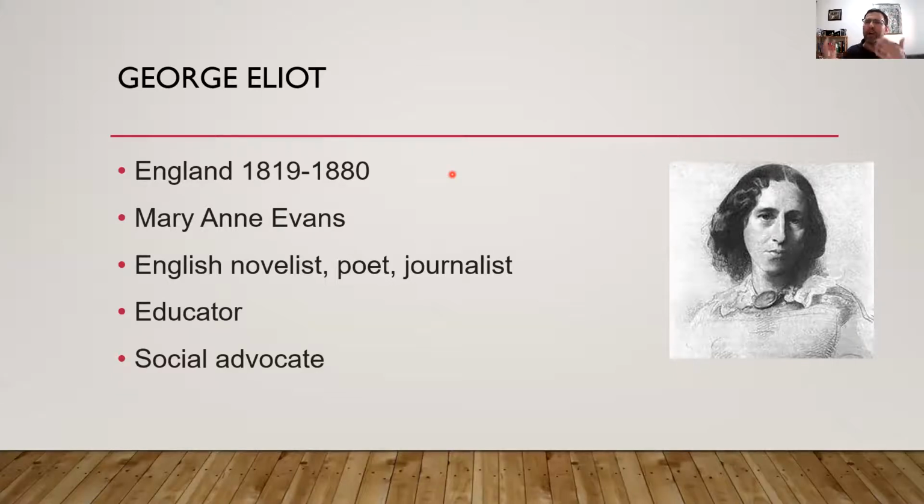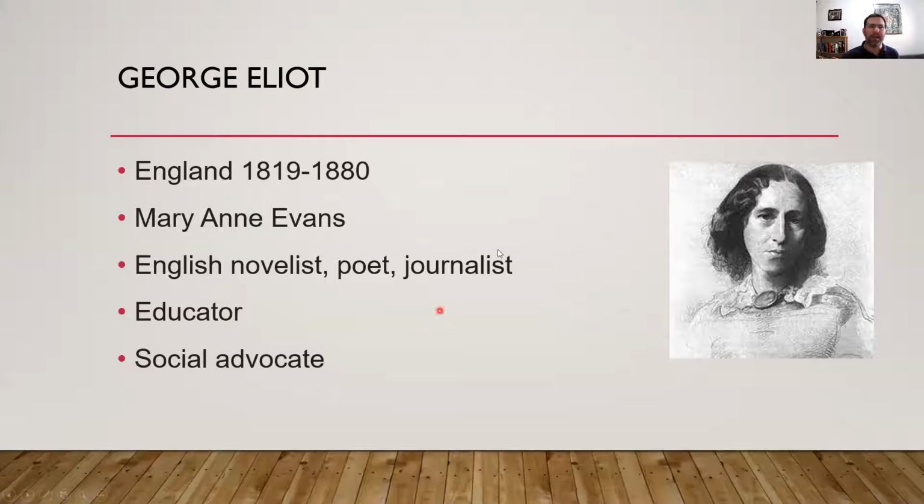This basically talks about the status of women during the period in which she was living. And she knew that if anybody was going to take her seriously, she could not use the name that she was born with because it was a female name. So she took on a man's name, a pen name, and her pen name was George Eliot, because she knew that as a woman, nobody would take her seriously.